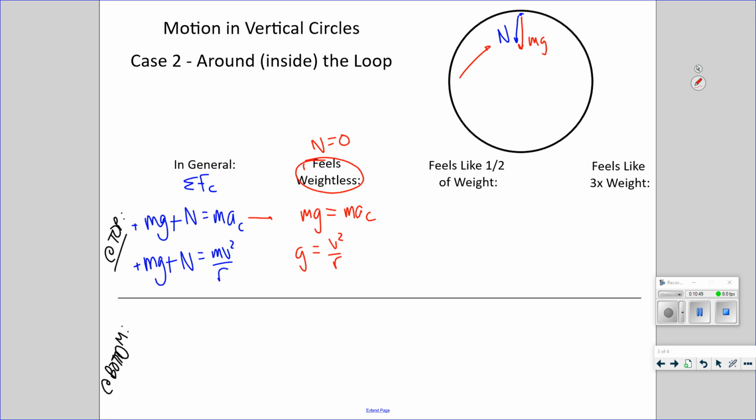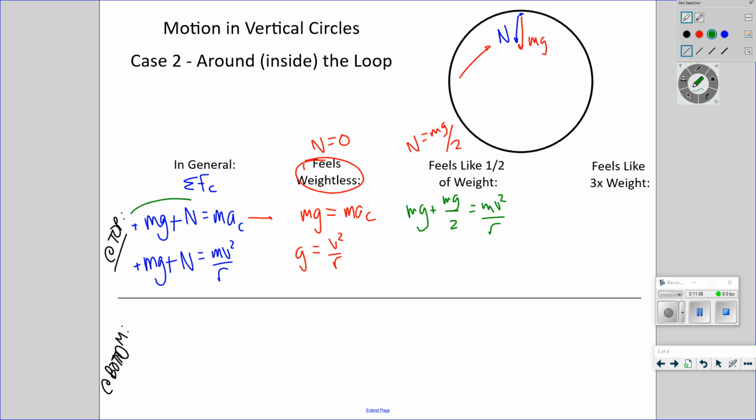Feels like you weigh half your weight. That means the normal force exerted on you is half your weight. So we would say mg plus half of mg equals m v squared over r. I'm starting here, substituting in what N feels like. We've got a common factor of m everywhere. We've got g plus a half of g, that's 3g over 2 is v squared over r.